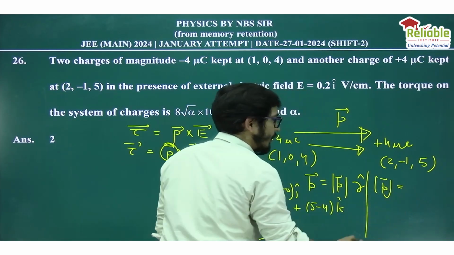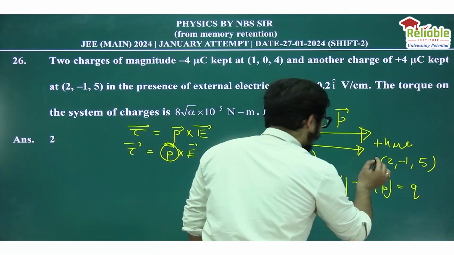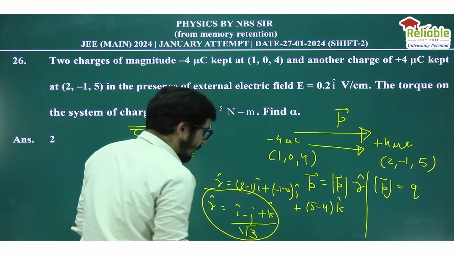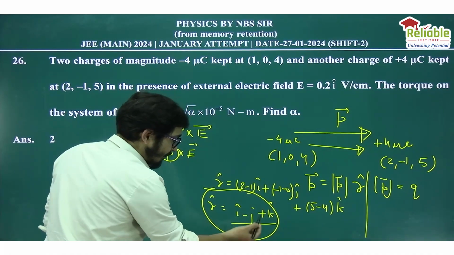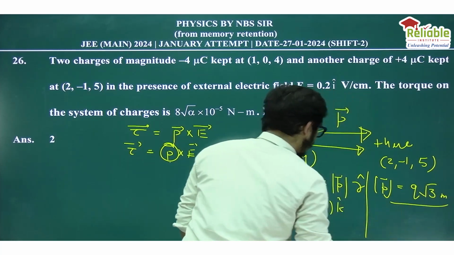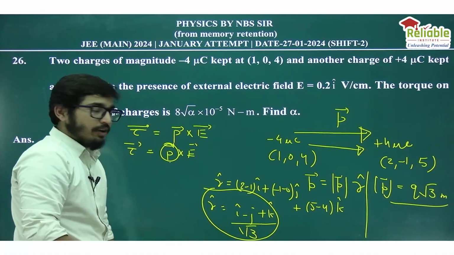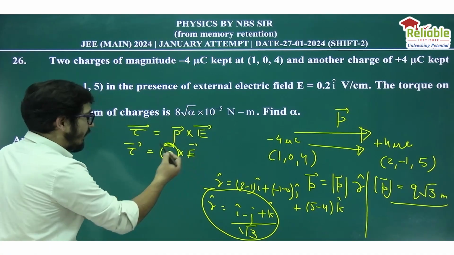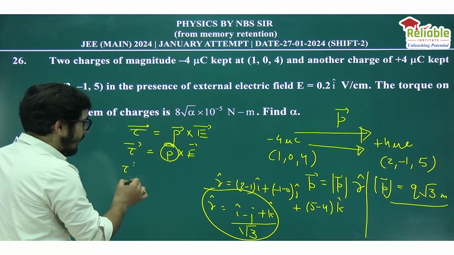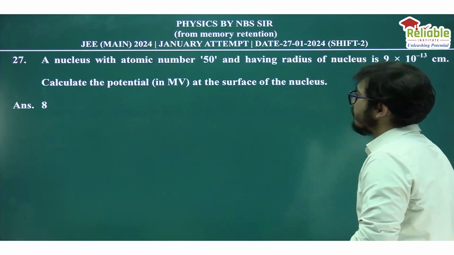It is the magnitude of charge, given as 4 microcoulomb, times the distance between these two points, which is root 3. So we have got the dipole moment in terms of the vector. We already know the E vector. If you calculate this and take the modulus, you will get the answer. Let's go to the next question.